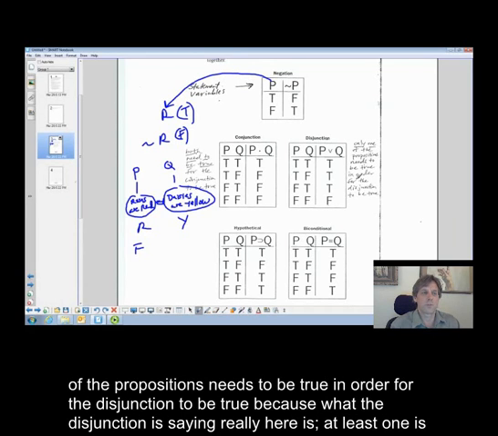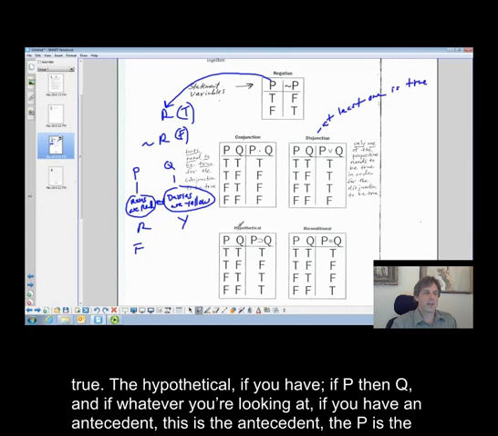So only one of the propositions needs to be true in order for the disjunction to be true, because what the disjunction is saying really here is at least one is true. Okay?